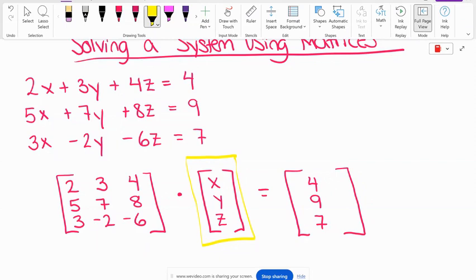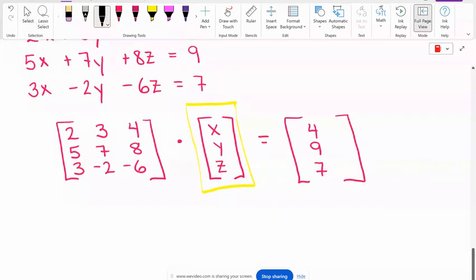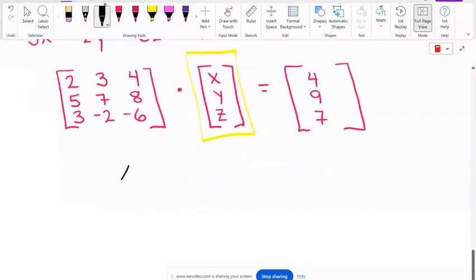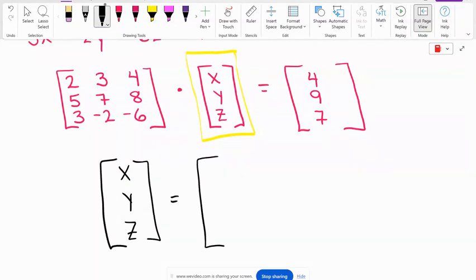Since I can't divide it, I have to multiply it by something. The inverse of it. So the variable matrix will equal the inverse of the coefficient matrix.